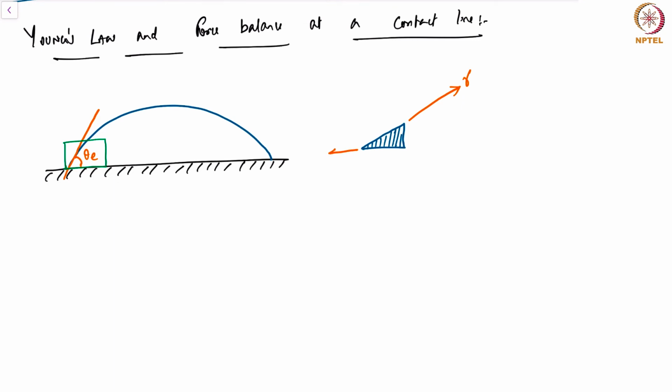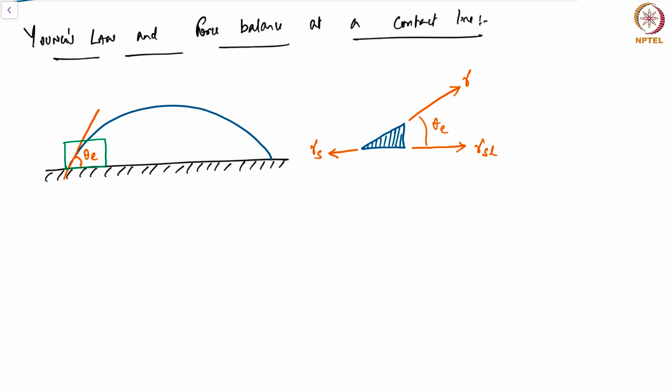Then we have the solid gas surface tension, which is gamma S. And finally, we have the solid liquid surface tension, which is gamma SL. Please note these arrows are not to scale. I'm just trying to show the directions. Now let's look at the angle that we have here. This is my angle theta E.